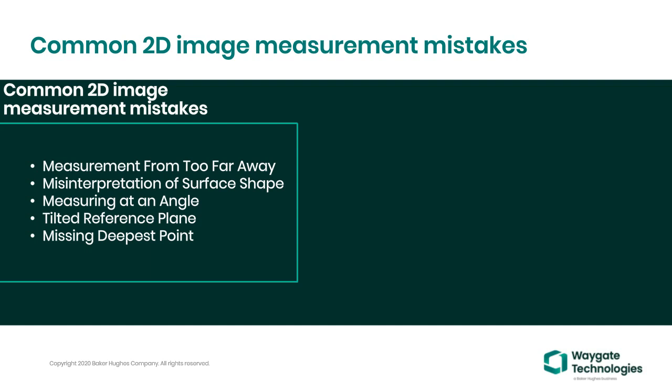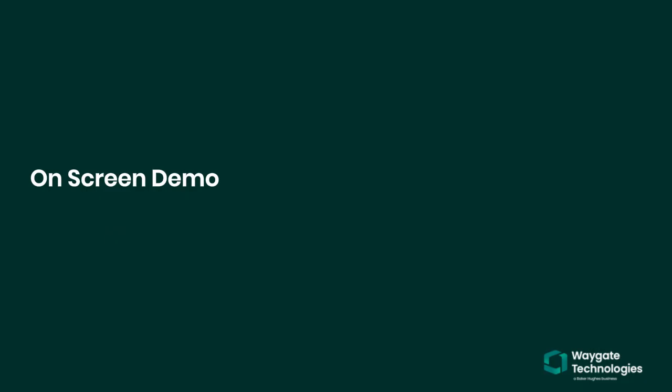The plane that they're measuring on is tilted to the actual surface's plane, and you wouldn't know that your measurement plane is separated without a point cloud. And it's very easy to miss the deepest point in corrosion, erosion, or other indications that separate from the normal material surface. Let me switch over now and show you some of these unique measurement types on a live demo.